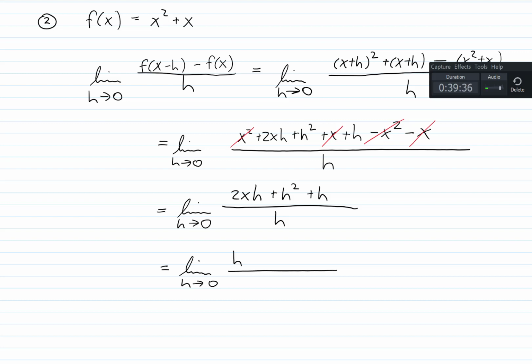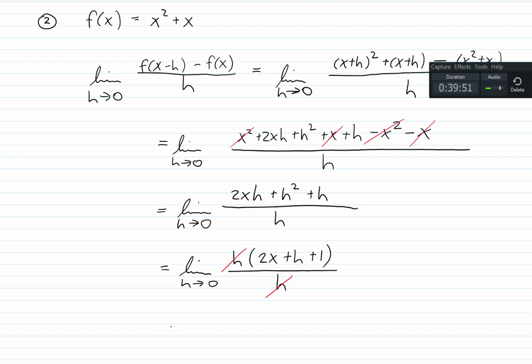And let's write it like this: h times (2x plus h plus 1) over h. Can you see why I wanted to do that? Because now I can easily see those two h's canceling.